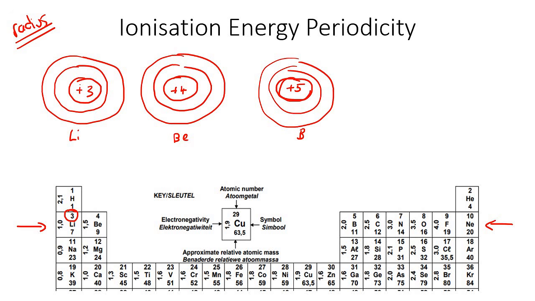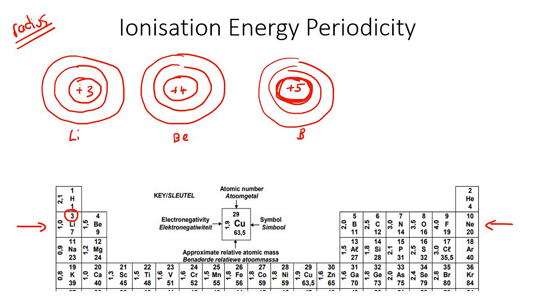this nucleus is more powerful because it's got 5 positives. So it would be able to pull electrons closer to itself because it attracts them more strongly. So what we said from that was that boron is going to have the smaller radius compared to beryllium, and beryllium would have a smaller radius compared to lithium.